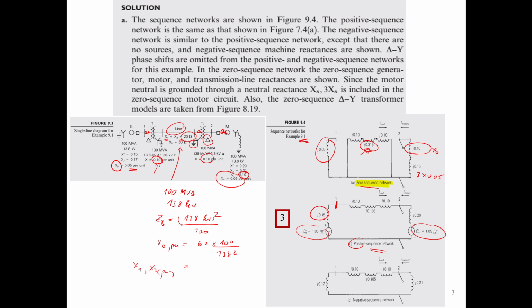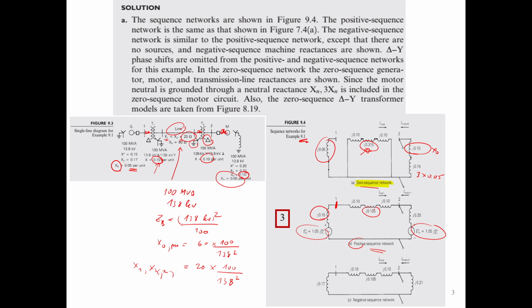Basically, you have this 20 ohms times 100 divided by 138 squared. Or if you manage to find it from the first problem, from the zero sequence, this is three times less than this guy. So if you get 0.315, you can get this as 0.105. This is three times less.